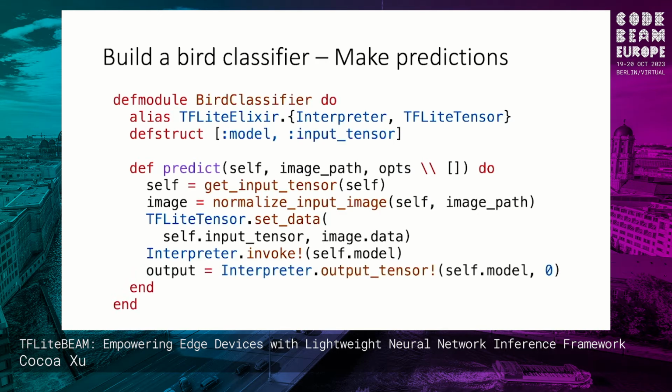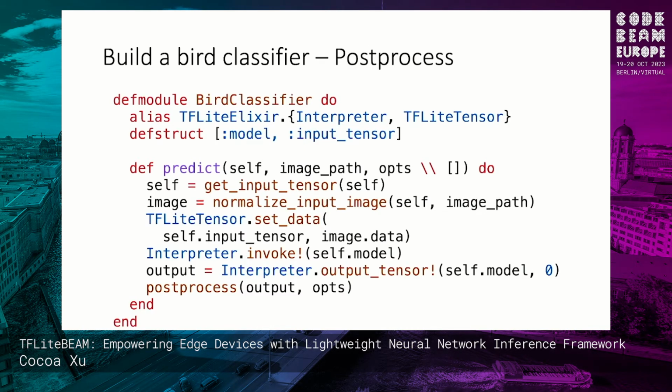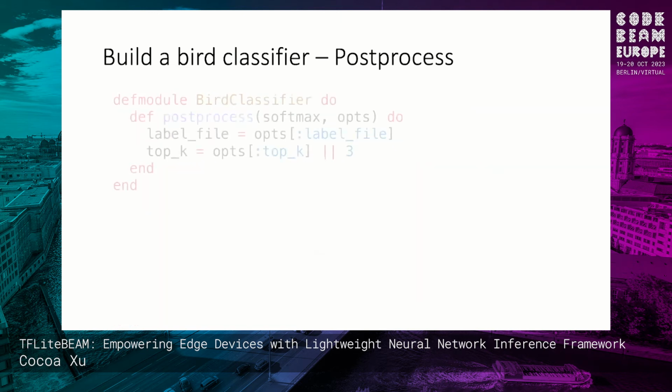To retrieve the output, we can do interpreter.outputTensor, and we supply it with self.model and the index of the output tensor. Then we will call the post-process function with the binary output and the options we passed to the predict function.